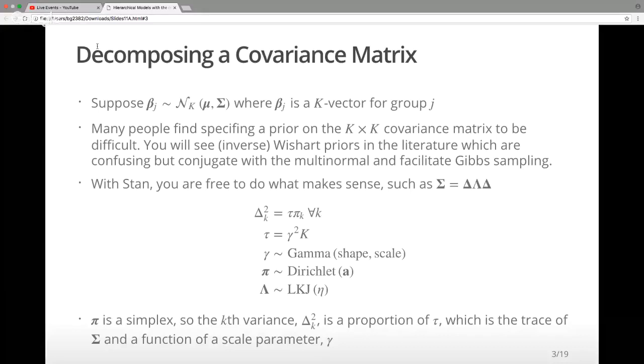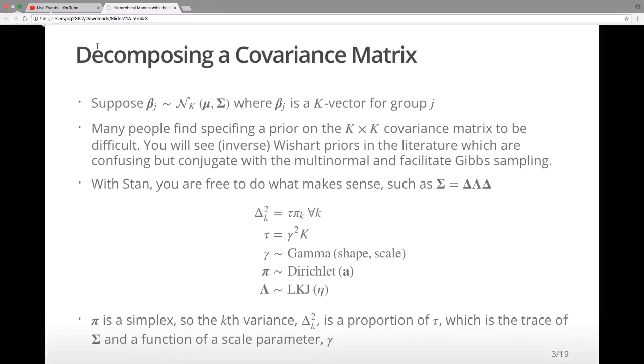Another way of understanding this is, okay, let's say k is equal to 1, and so pi is going to be equal to 1. That's the only way that you can specify one number that's between 0 and 1 and adds up to 1. So pi is now fixed to 1. You have a 1-by-1 correlation matrix, which is just, again, the number 1. So we have 1 times 1. K is 1.